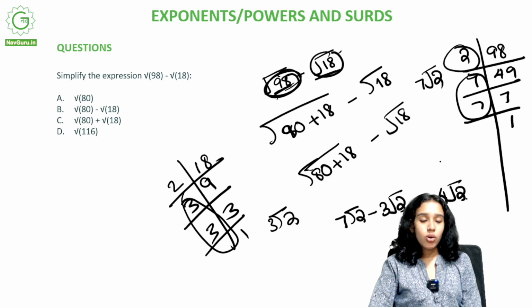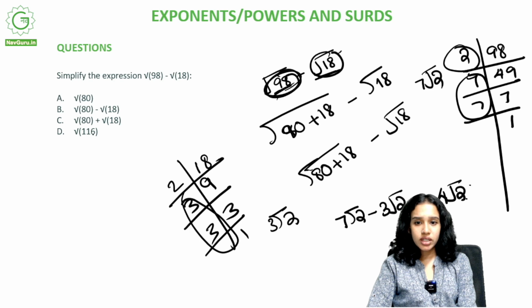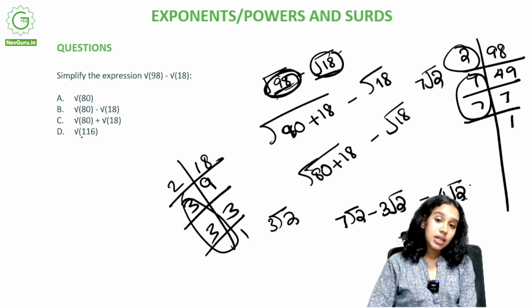So, what can be written as 4 root 2? Is anything over here equivalent to 4 root 2? Let's see. So, root of 80 minus root of 18, root of 80 plus root of 18, root of 116. Let's see something.